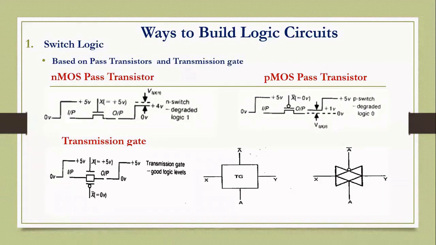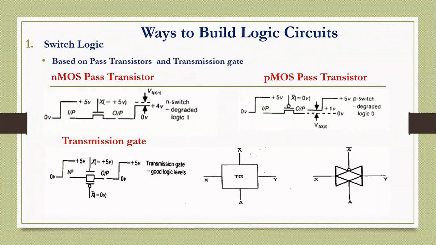Later on, we'll apply logic 0 or 0 volts for X bar, so that the PMOS pass transistor will be on. Once it is on, we apply 0 volts and 5 volts at the input. We'll get 5 volts properly at the output, and we'll not get 0 volts properly at the output because 0 volts is degraded by the threshold voltage.